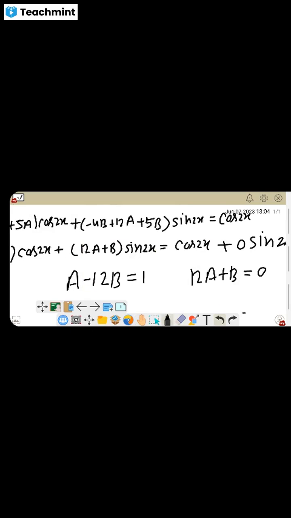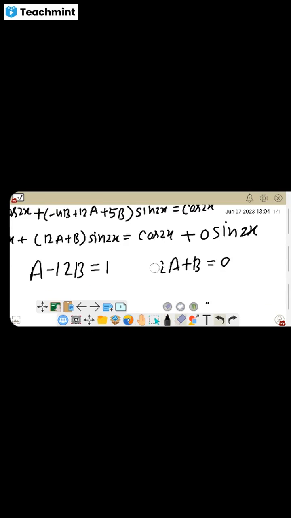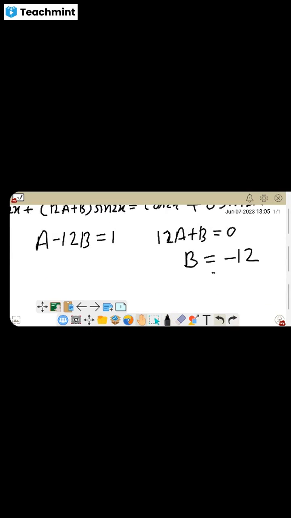Now we can simplify from here 12a plus b is equal to 0, so we can find b is equal to minus 12a from this equation. Now put it in this equation. So a minus 12 and the value of b, which is minus 12a, is equal to 1.